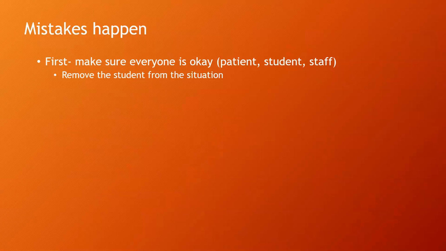It's best if they can remain in the environment and learn how to work through the situation. That's part of professional growth. But if the mistake is significant, if the student is extremely upset, or if the staff or patient is extremely upset at what's happened, you probably need to remove the student from that immediate situation.